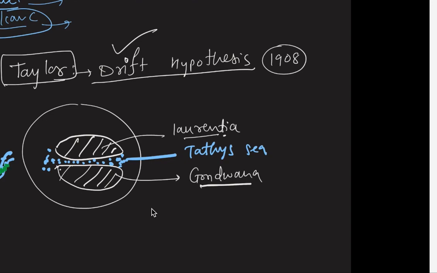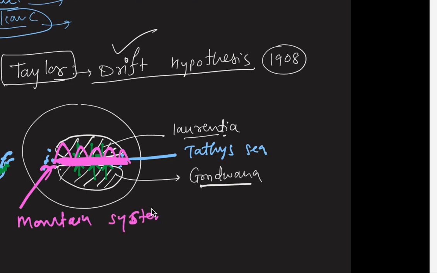And he says, because of the squeezing, these continents came together, and whatever sediments were there in between them were squeezed, and these squeezed sediments uplifted, they rose, and in between them a mountain system or mountain range is formed. Okay, this was a simplistic explanation by Taylor of how mountains are formed.